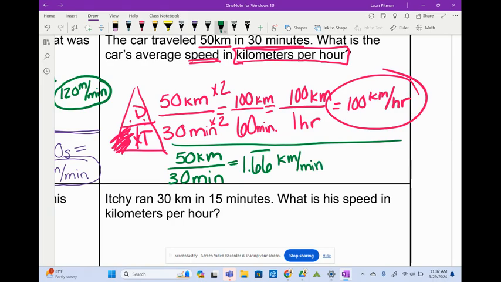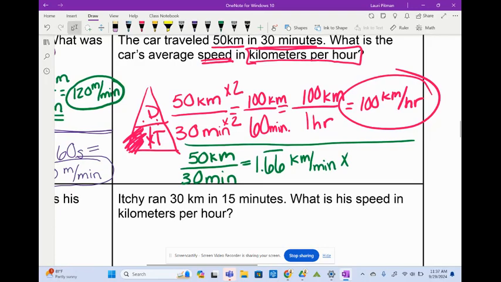So I can think, how many minutes are in an hour? Well, that's 60. So if I want to figure out my speed in an hour, I can do 1.66 times 60.